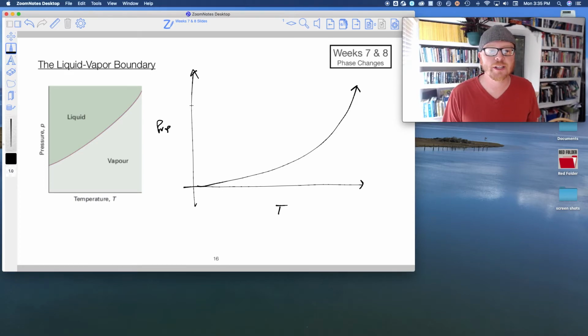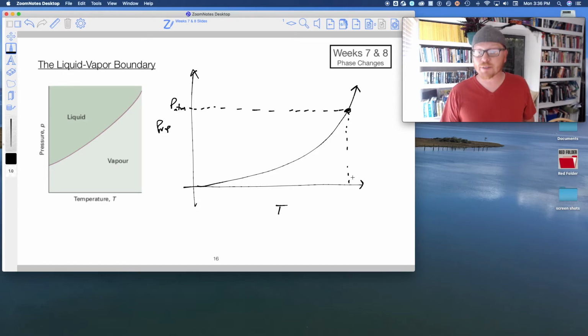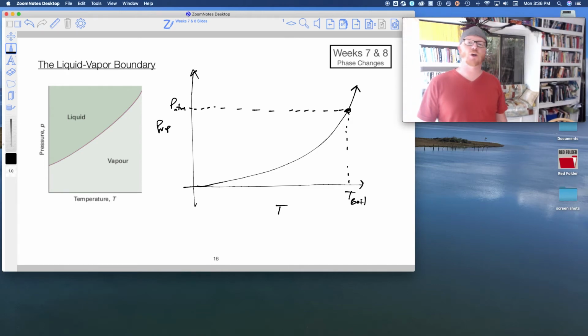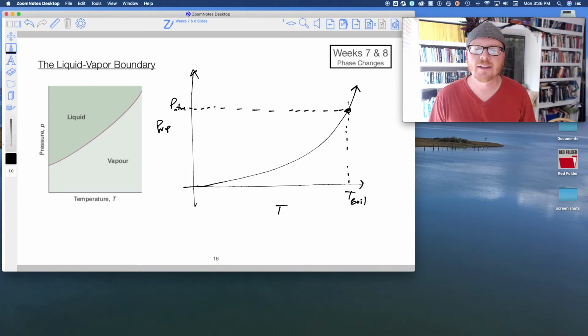And there's a special condition when the vapor pressure is equal to atmospheric pressure, right? We call that boiling. And so we could interpret that any point along this line is a boiling point if that is what the pressure of the liquid is, right?